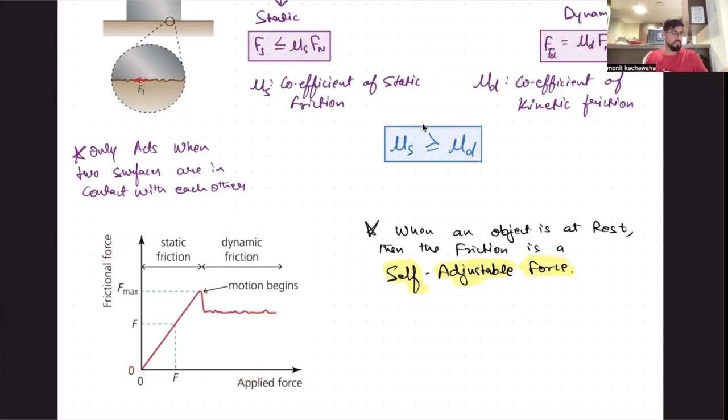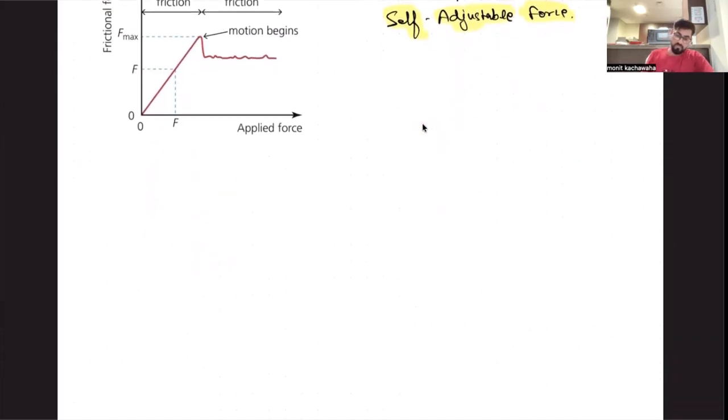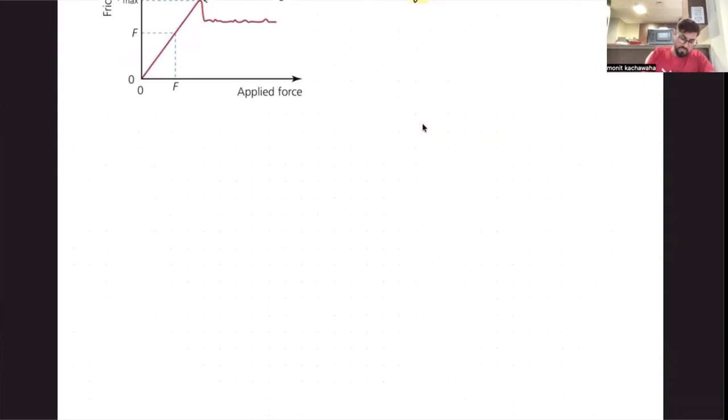Let us take a few examples so that you will be more comfortable with what I mean by self-adjustable. So let us say there is an object on a horizontal surface. Let us say the mass of this object is 1 kilogram.